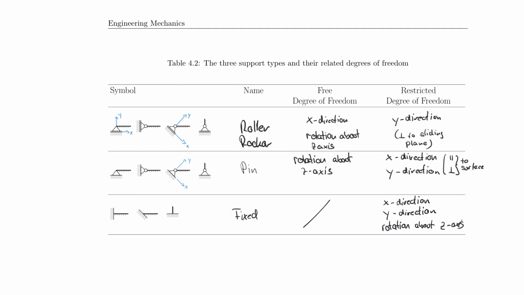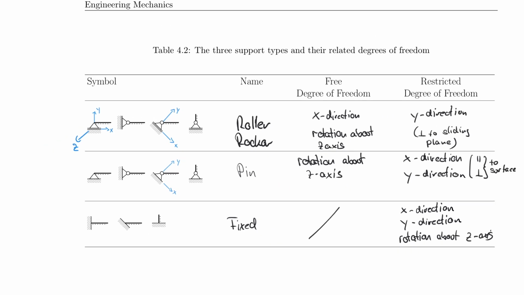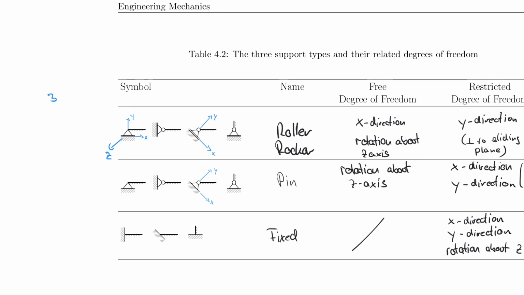And just to be very clear here, just because we don't have that on this page, just understand that we have a z-axis that comes out of the plane somewhere. So for example, here we would have z, but we do not consider that in 2D. So the third dimension is not considered in 2D.